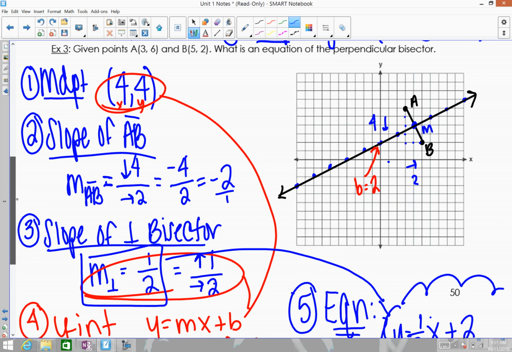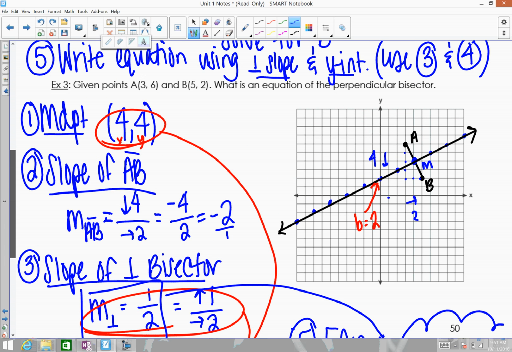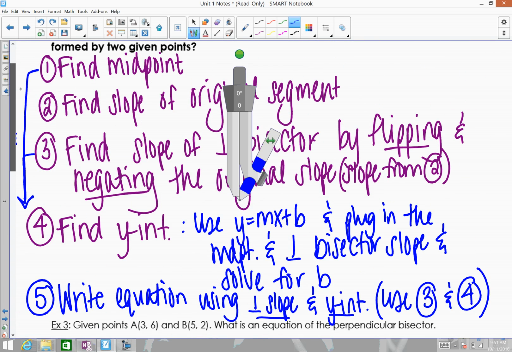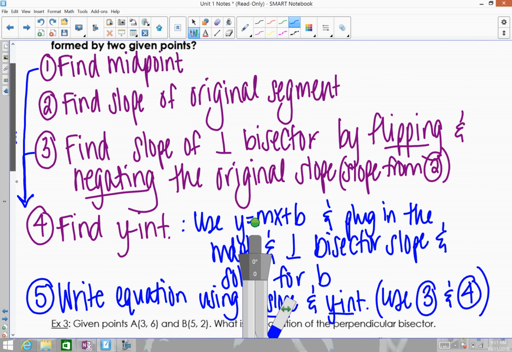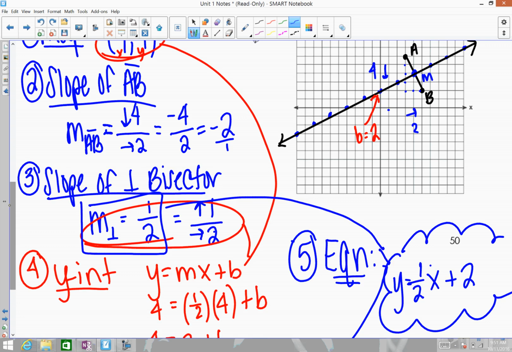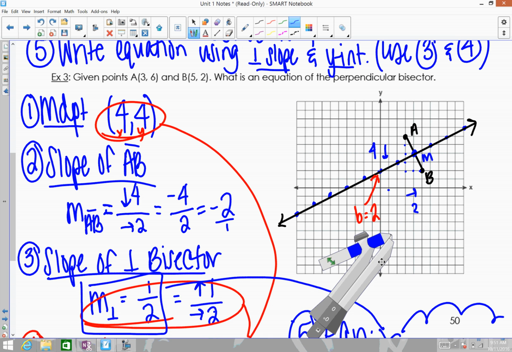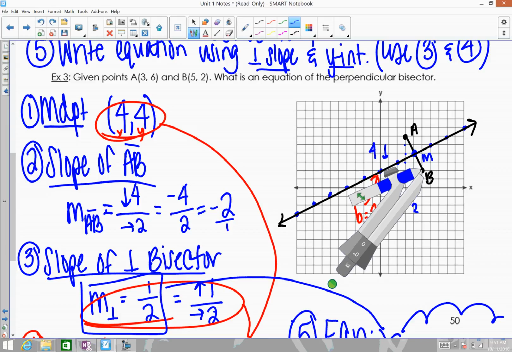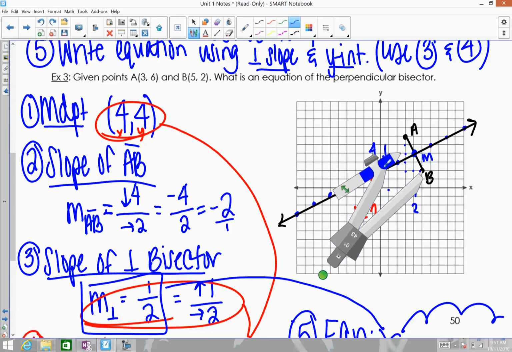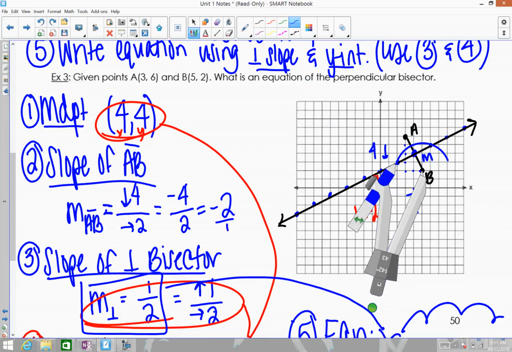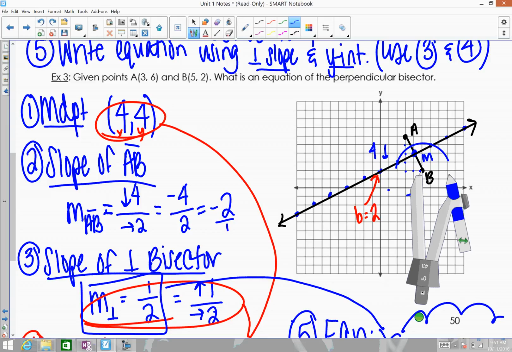Last thing I want to show you, if I apply the compass here and do the construction of the perpendicular bisector, you're going to see that you get the same line. I could take my compass, go more than halfway, draw your arcs, and go to the other side here.